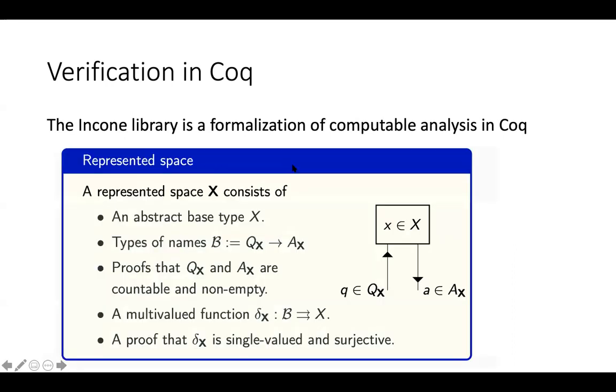And in this library, we have, for example, the notion of a represented space, similar to what is common in computable analysis. So here we can represent abstract spaces, like this abstract base type could, for example, be the real numbers defined in Coq, or some set of analytic functions that is defined with respect to the real numbers in the standard library in Coq. And then we define names of such a space by defining countable types of questions and answers.